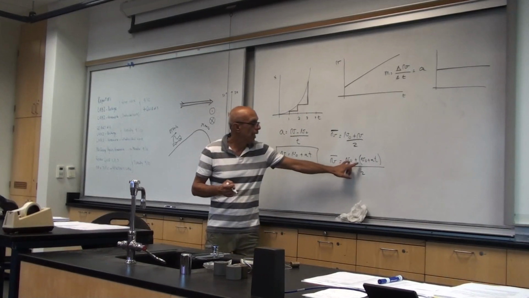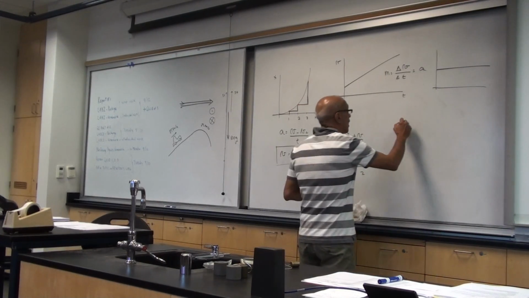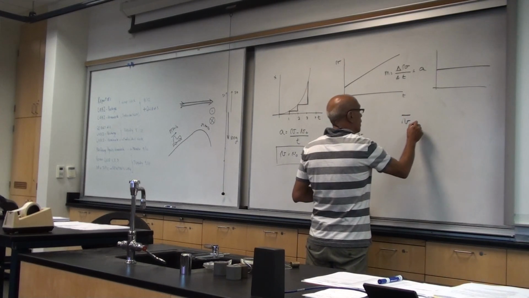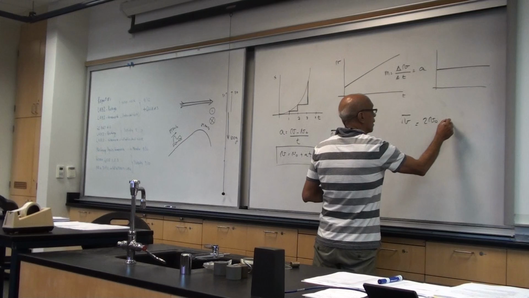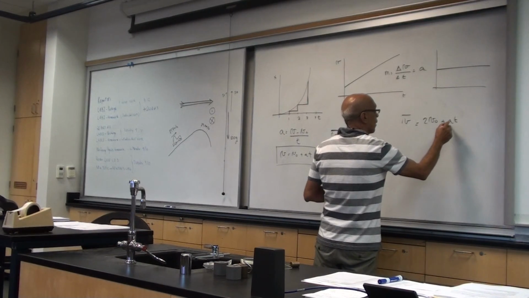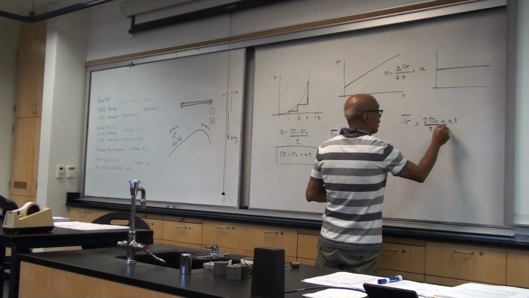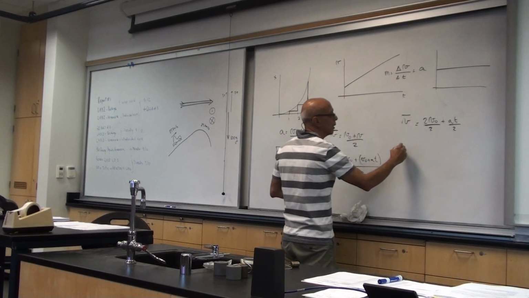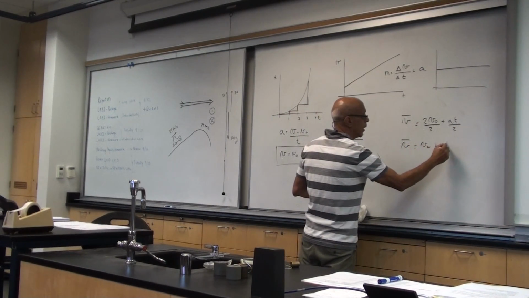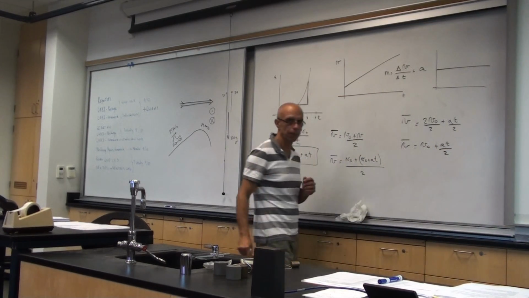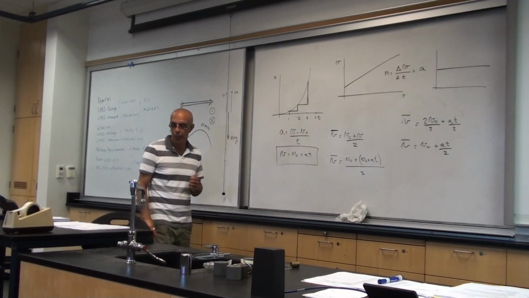Now I add these two, and I have V bar equals 2V0 plus AT. This is divided by 2, this by 2, this is going to cancel, so I have V bar equals V0 plus AT divided by 2. All right?